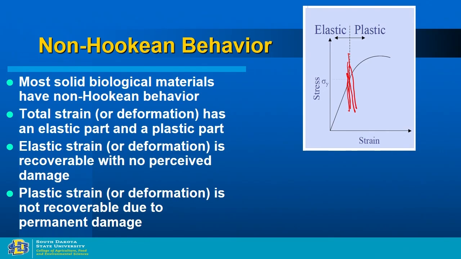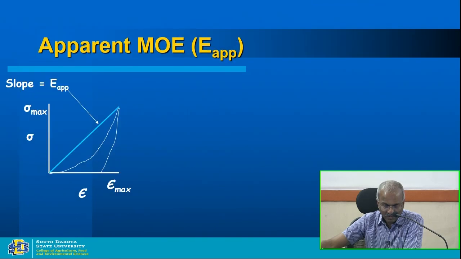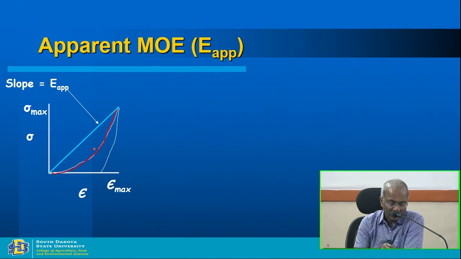The plastic strain is not recoverable due to permanent damage of the sample. So if this is your stress over strain data, this is your loading curve, and then this is unloading.